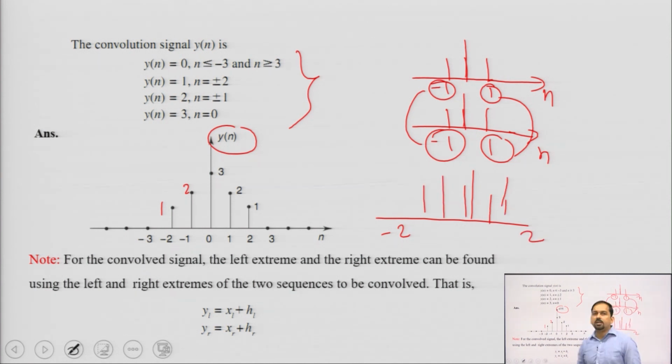We are not interested in the shape, but we can say that the output exists for n equals -2 to 2. So, by seeing this small result, we can check that we are getting output and what is the range, means for what values of n the output is going to exist. So, this technique definitely helps in objective questions also.